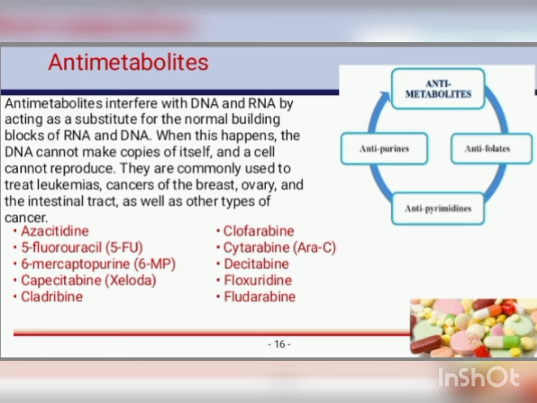Next one is antimetabolites. Antimetabolites interfere with DNA and RNA by acting as a substitute for the normal building blocks of RNA and DNA. When this happens, the DNA cannot make copies of itself, and a cell cannot reproduce. They are commonly used to treat leukemias, cancer of the breast, ovaries, and intestinal tract, as well as other types of cancer.